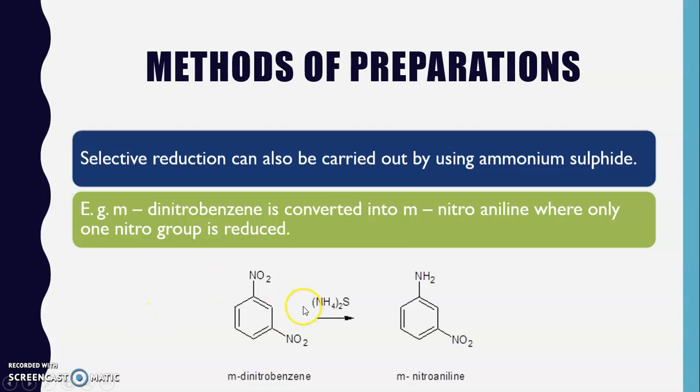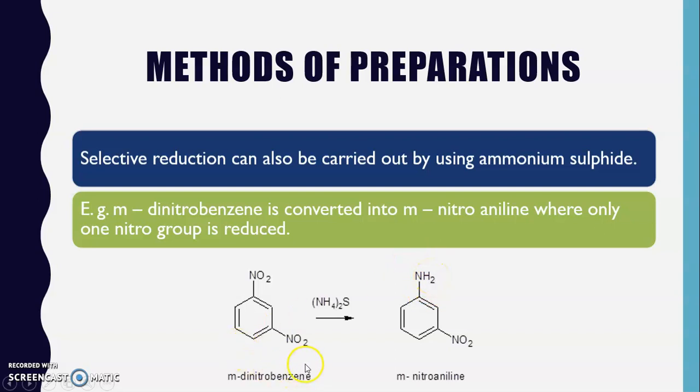Yes, you can see this reaction where m-dinitrobenzene has two nitro groups present. As I said, we want to carry out the reduction of only one nitro group, say for example this nitro group. In this case we will use ammonium sulfide as a reducing agent, and by using it we can carry out the reduction of only one nitro group so that it will be converted into the amino functional group.